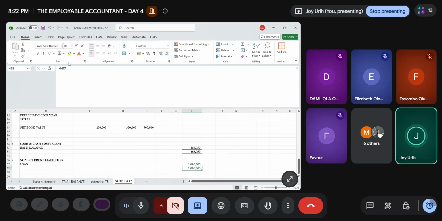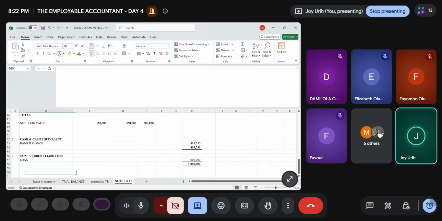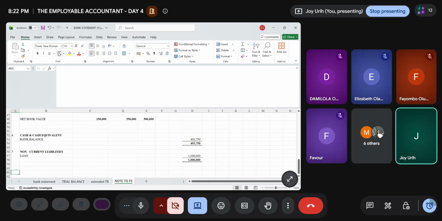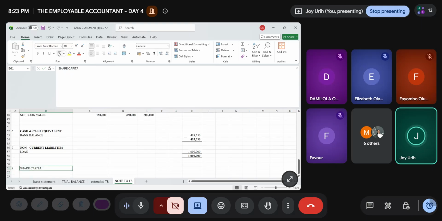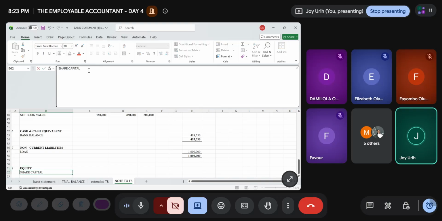So the next note we are going to create is for share capital. I'll title this equity, and underneath it we have share capital.